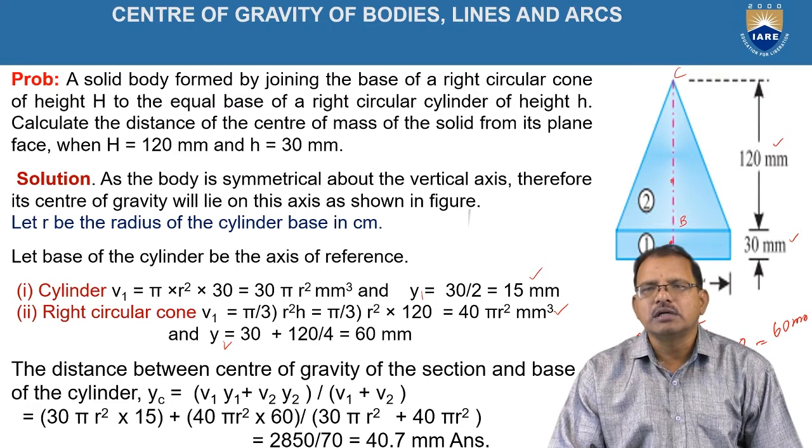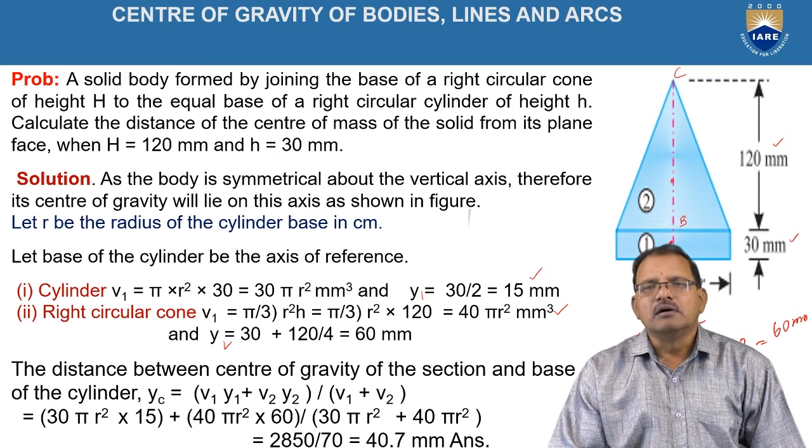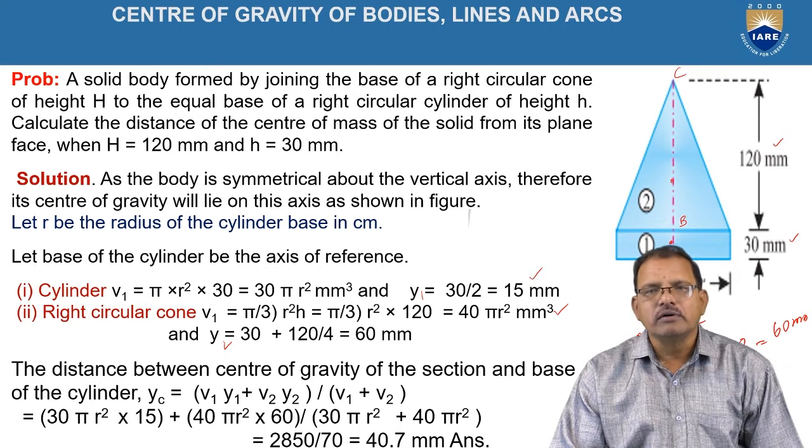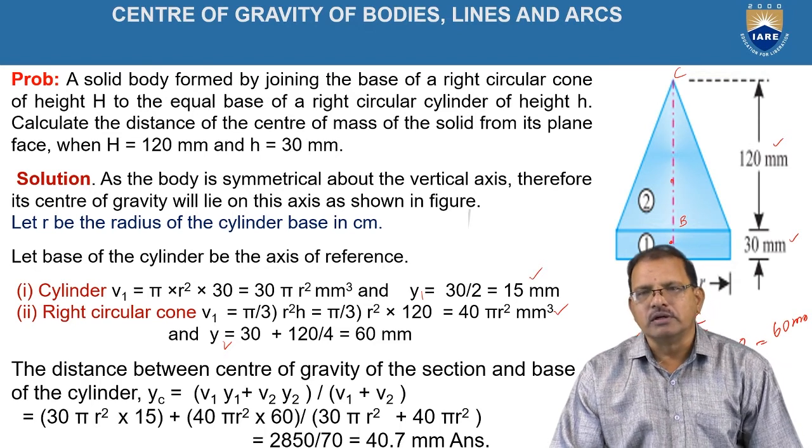The distance between the center of gravity of the section and the base: since both the objects are made up of the same material, the density is constant, so we can take it as v1 y1 plus v2 y2 divided by v1 plus v2.